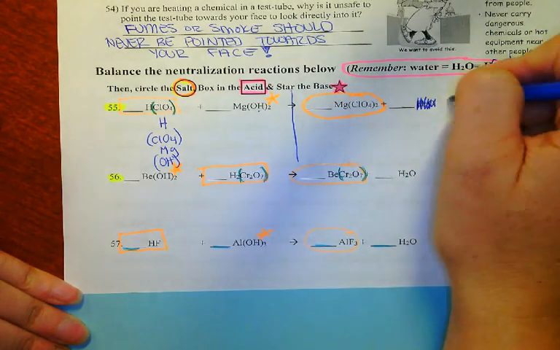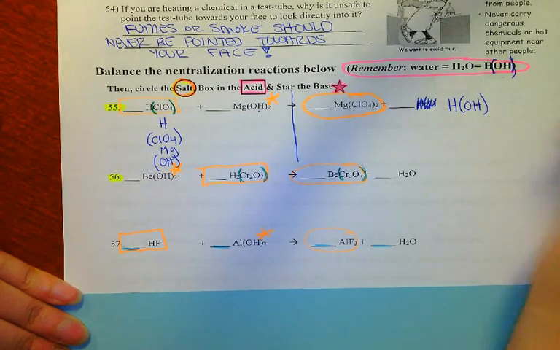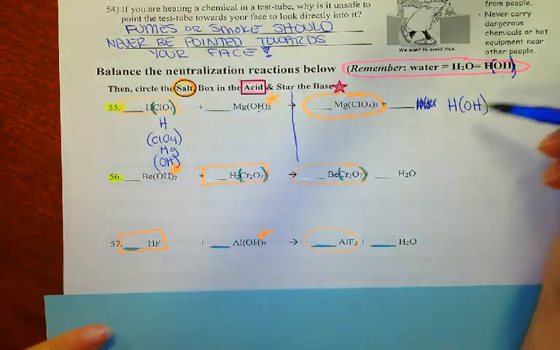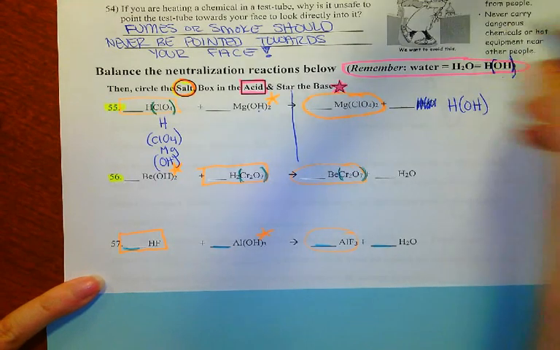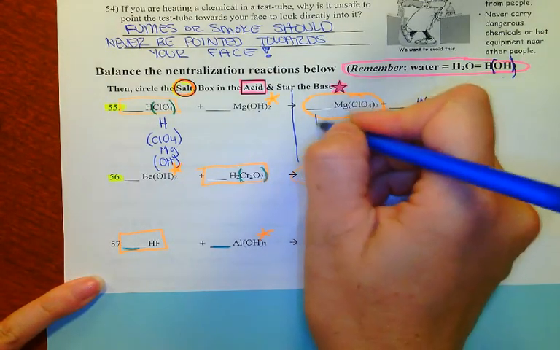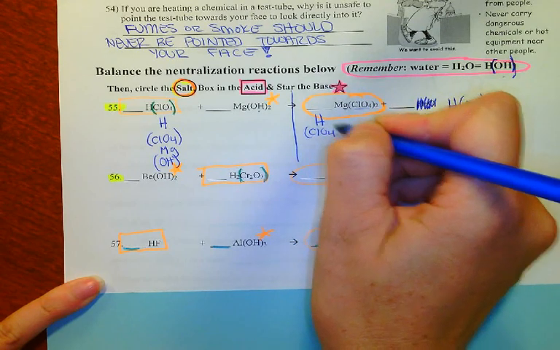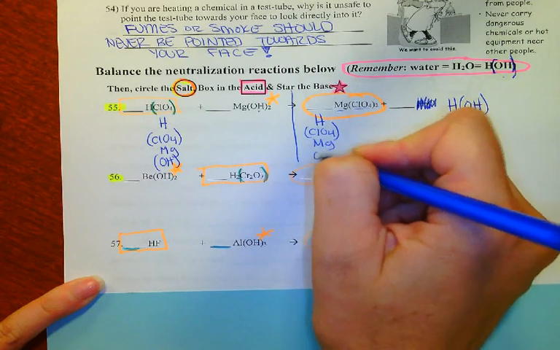It's still water, it's still H2O, but now I don't have to balance hydrogen weird. So I'm going to say I have H, I have ClO4, I have magnesium, and I have OH. That's kind of a weird trick, but it is so helpful.